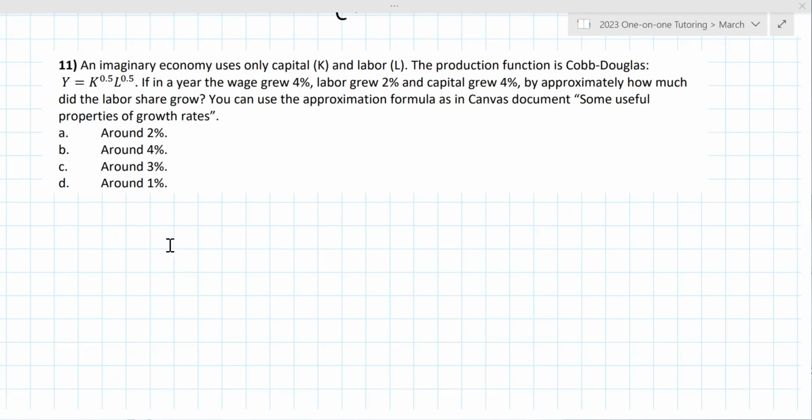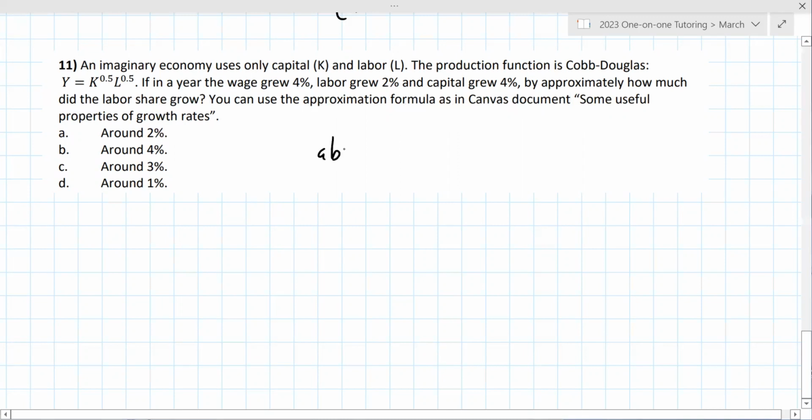So the labor share formula is very straightforward. I don't know why this works, but it says GW plus GL minus GY is the formula, and they're giving you all 3 of those. Okay.